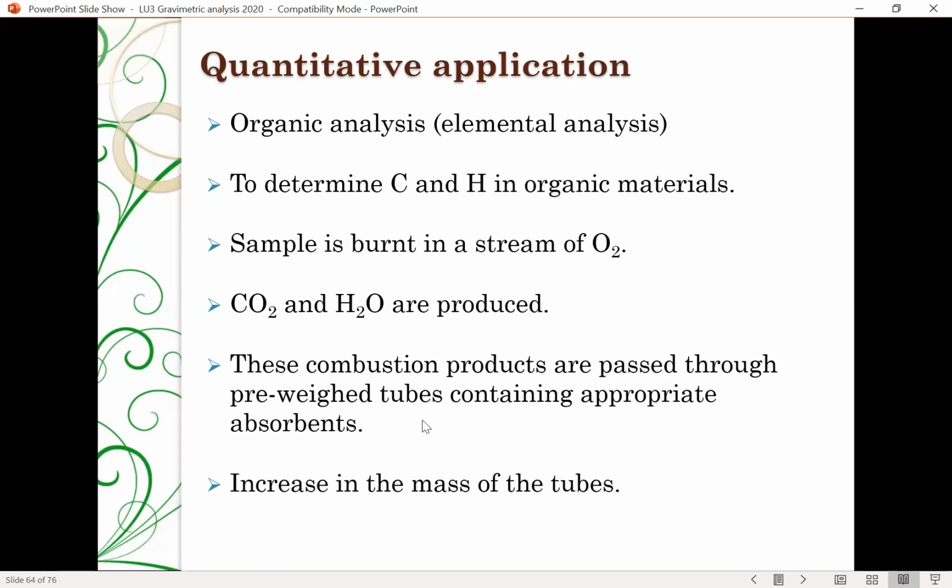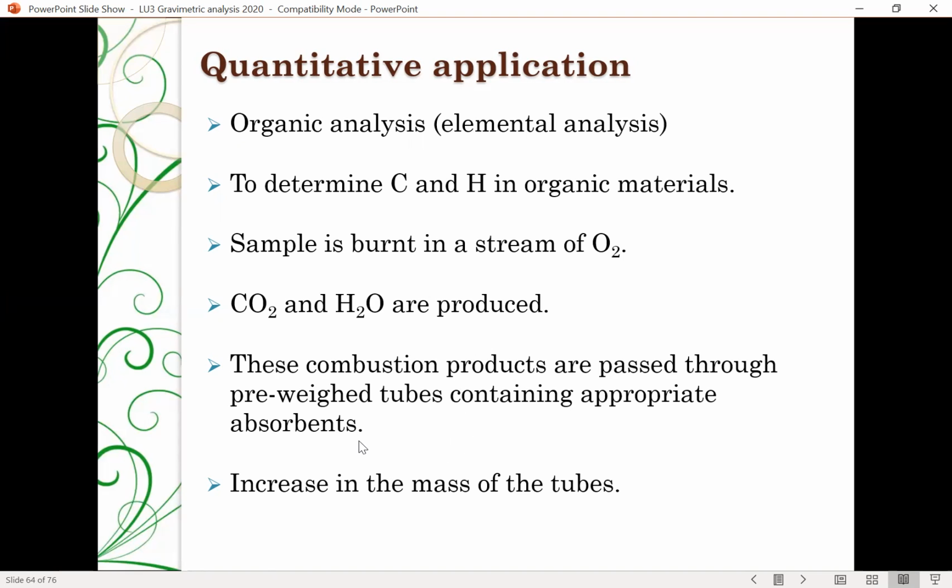Remember, just now I showed you a schematic diagram of a volatilization gravimetry apparatus using drying tubes. You can imagine doing the same thing in this case. These combustion products are passed through pre-weighed tubes containing appropriate adsorbents. The purpose of this adsorbent is to take away moisture, and then you can get the mass of carbon dioxide.